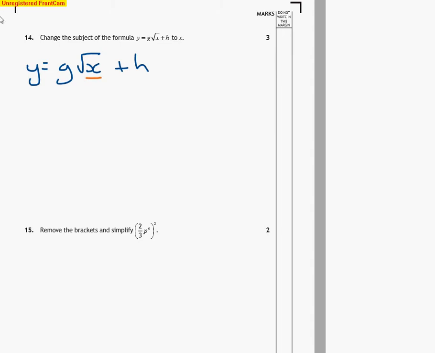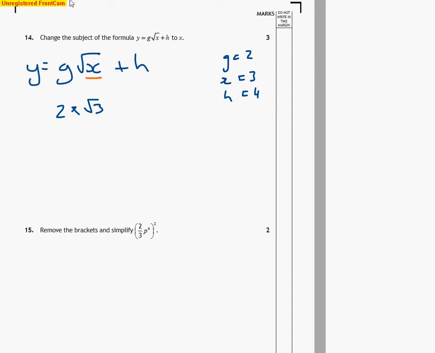So if I said to you that g was equal to 2, x was equal to 3, and h is equal to 4, everyone would instinctively say 2 times root 3. In fact, instead of 3, sorry, I'll make it a nicer number.